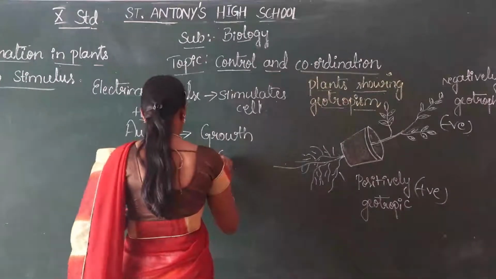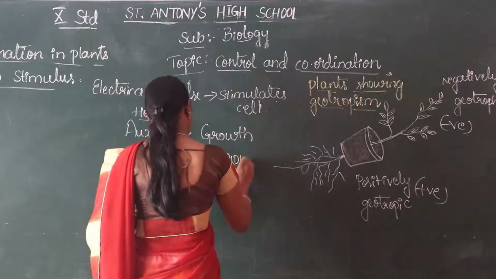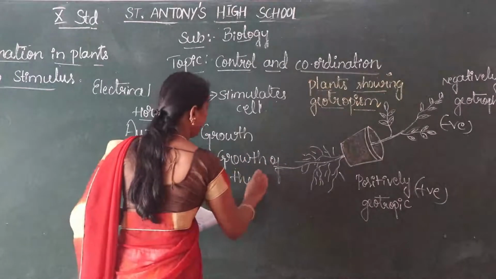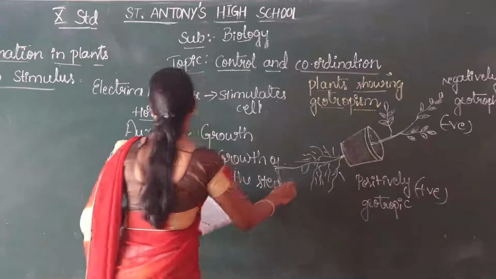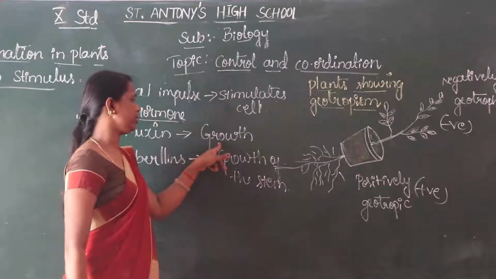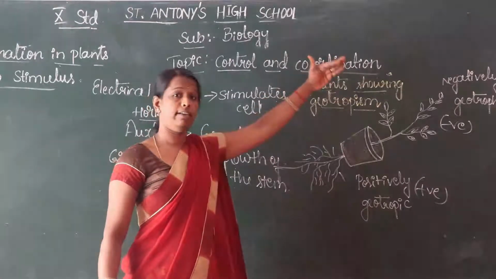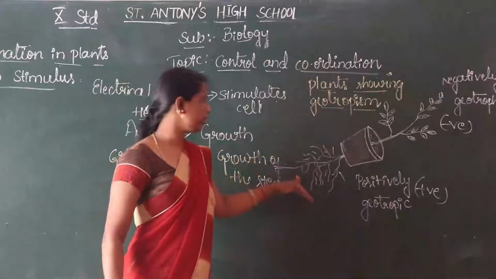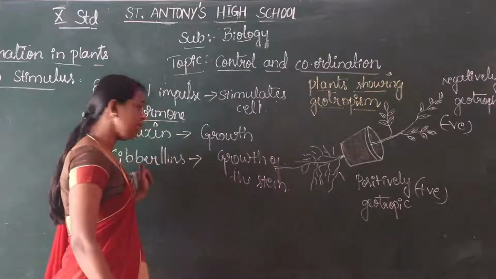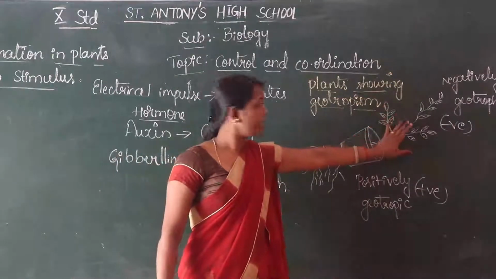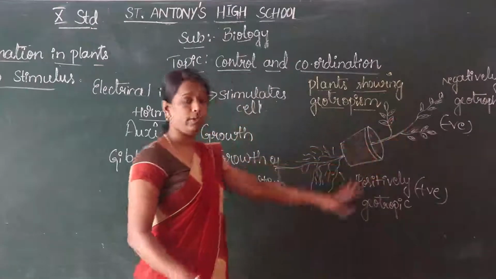It also helps growth of the stem. When compared to auxin, it helps the plant grow larger. So the function of gibberellins is only to help growth of the stem.